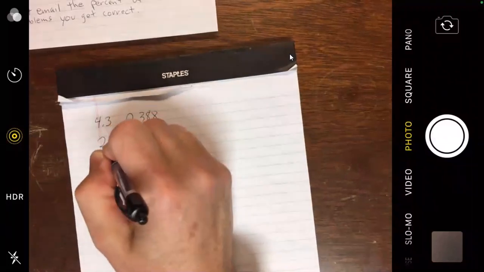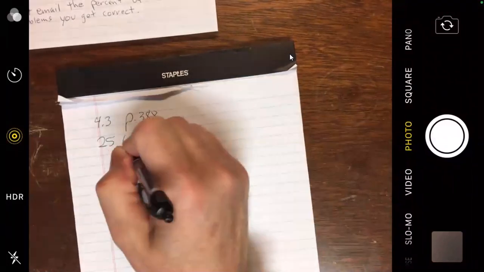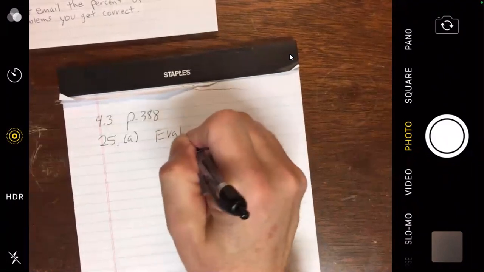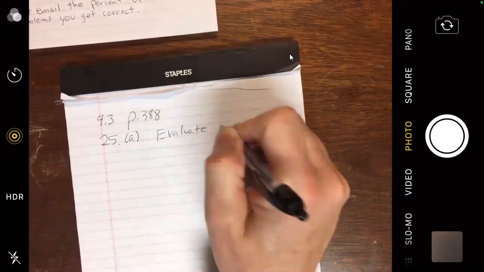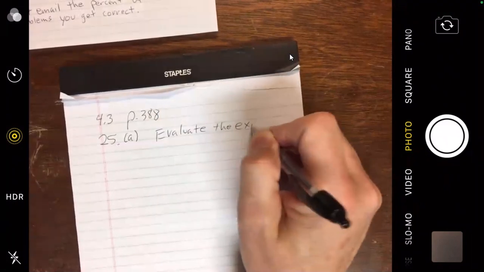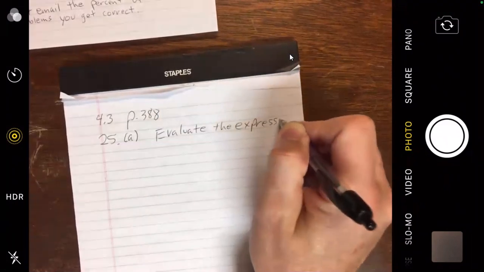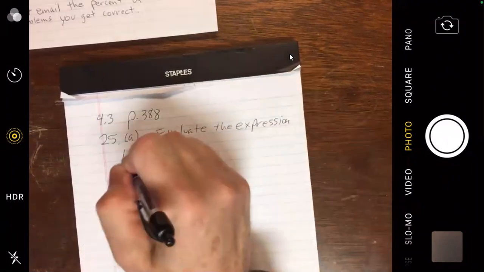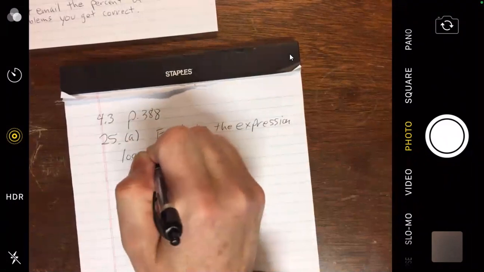So we'll start with 25, part A. We're supposed to evaluate the expression, and it's a log base 2 of 2.